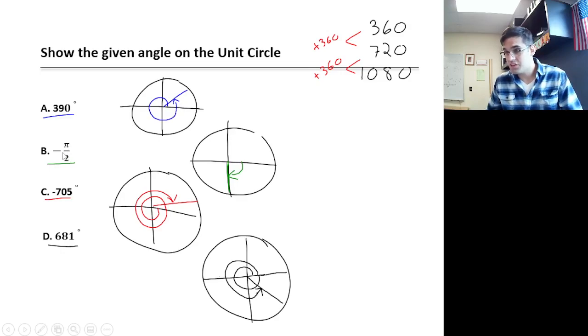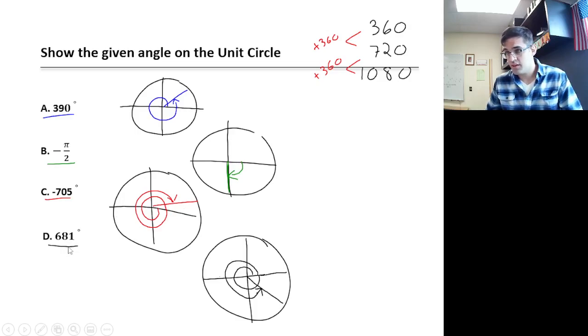Pi over 2 is 90 degrees, so negative pi over 2 would be going 90 degrees clockwise. 705 degrees is 15 less than 720. So negative 705 degrees would be going clockwise, and it'd be almost 2 full rotations, ending 15 degrees short of the second full rotation.